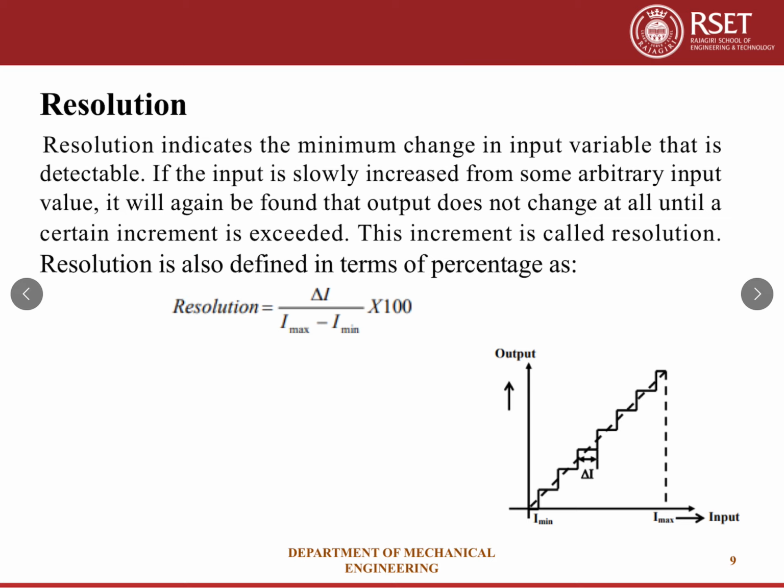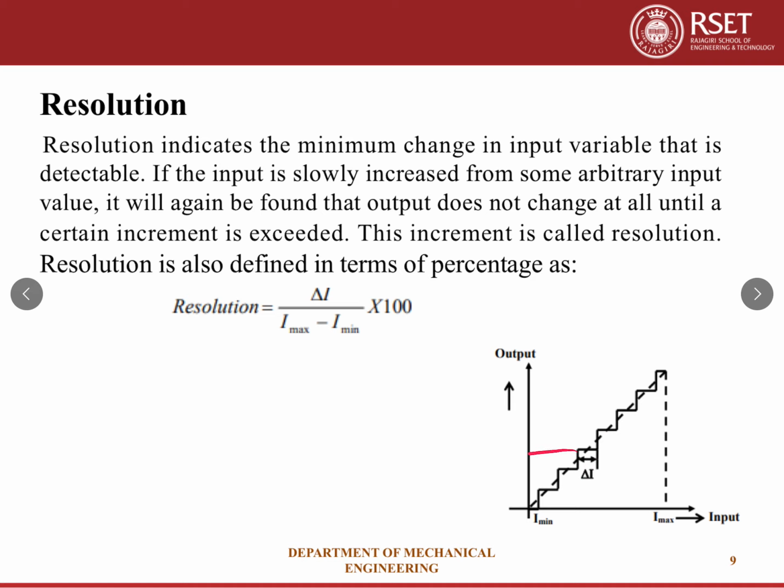So for a change of delta I in the input value, the output remains the same. When it reaches the delta I change, there is an output change. Before that, there is no change in the output.